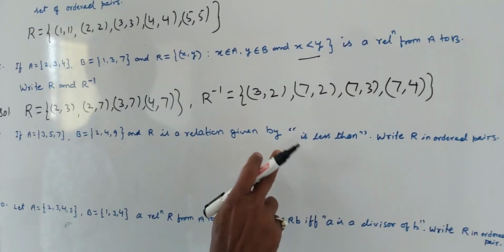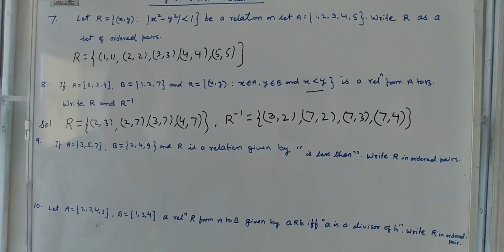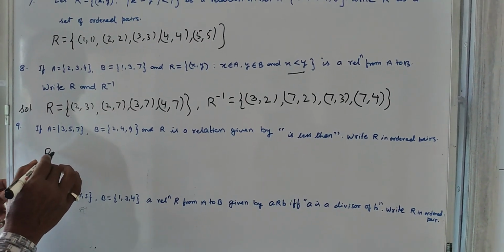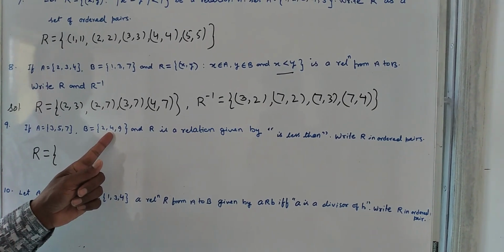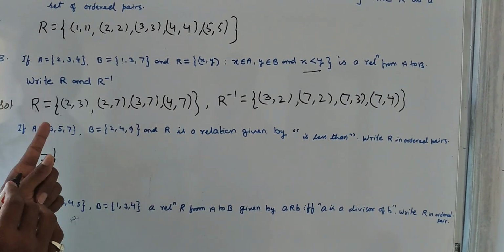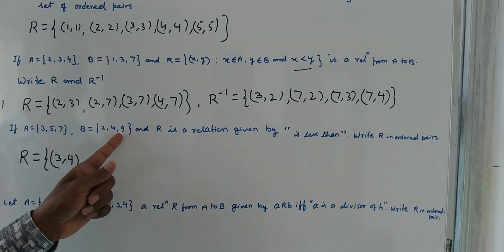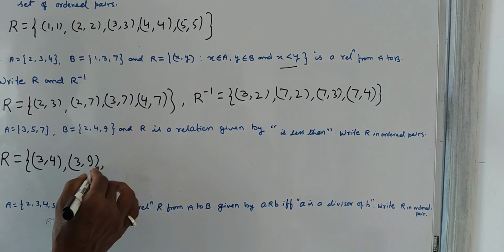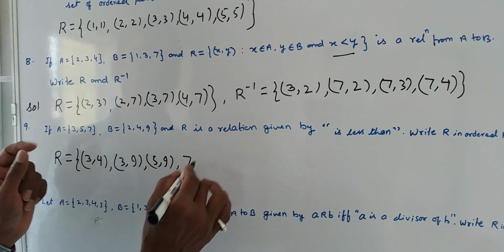Is less than means you can put here A and B: A is less than B. So the first component should be less than the second component. 2 is not greater than any of these 3. 4 is greater than 3, so (3, 4), and 9 is greater than each of these 3, so (3, 9), (5, 9) and (7, 9).